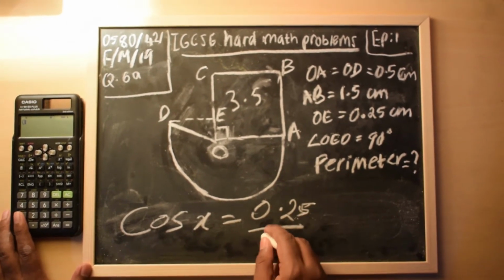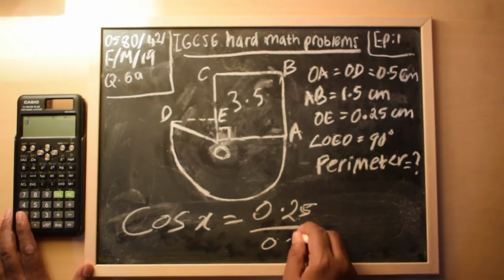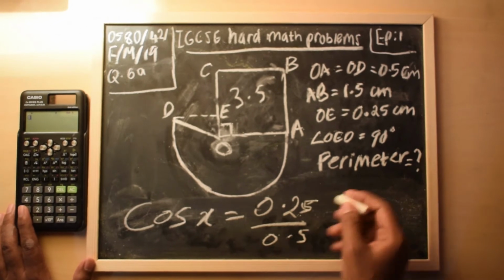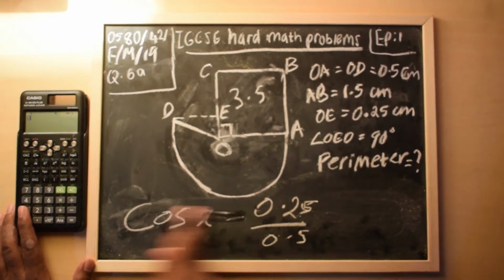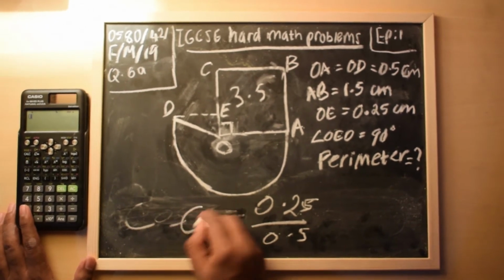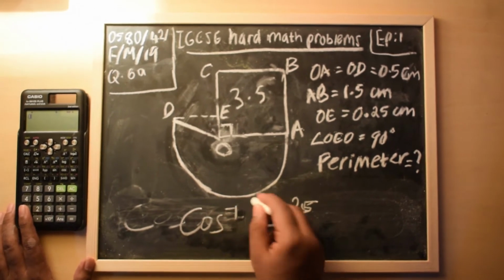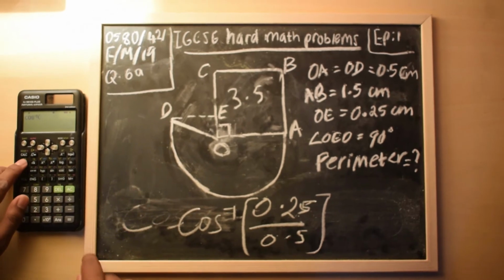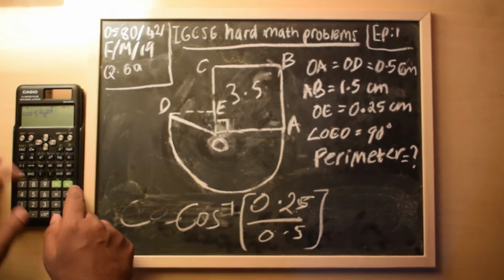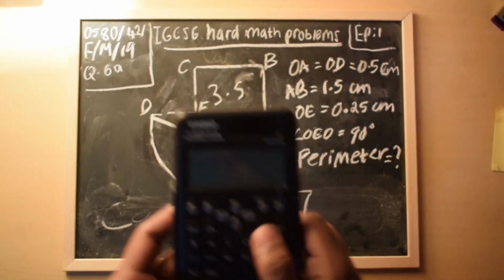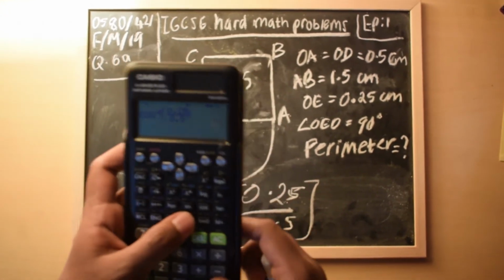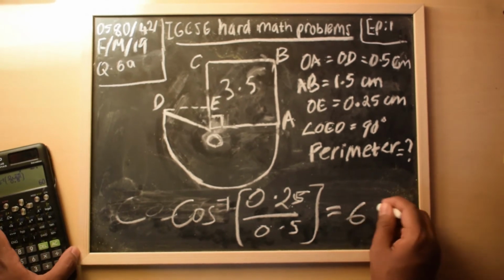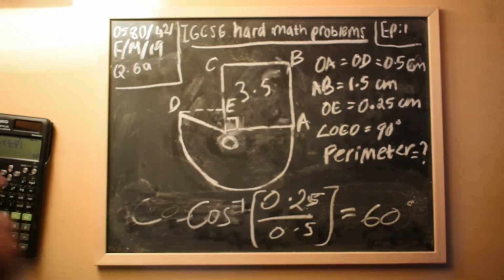Since it's x, the cos will come to the other side, so it's going to be cos inverse of this value. If I actually do that, cos inverse of 0.25 over 0.5, I'm going to get 60 degrees. So this angle is 60 degrees.